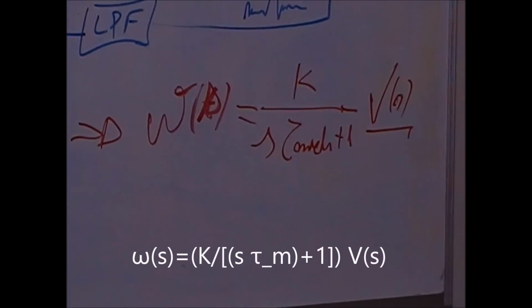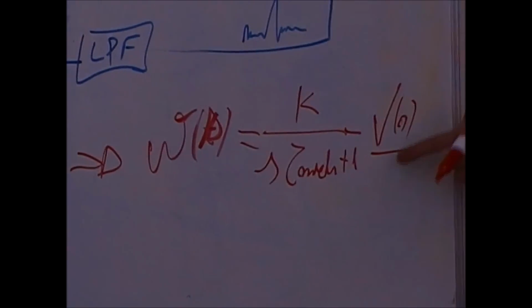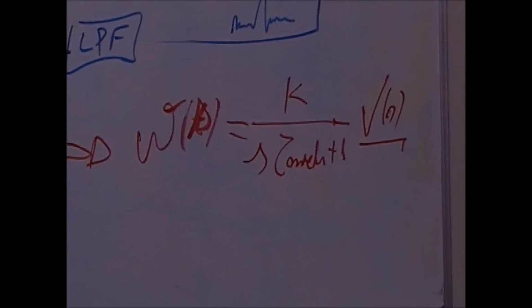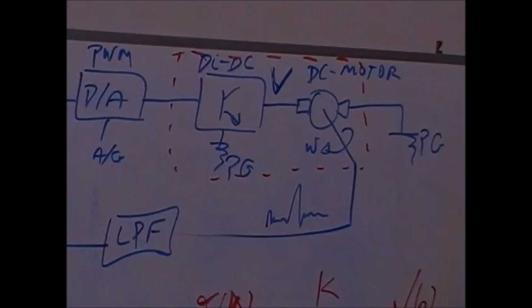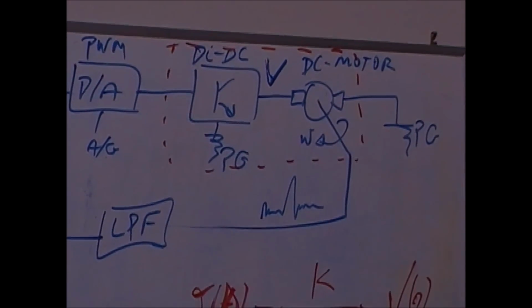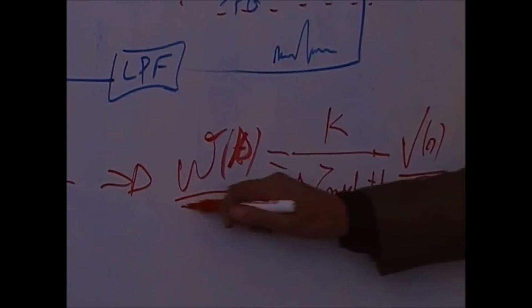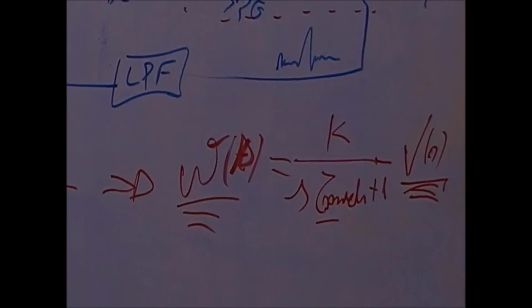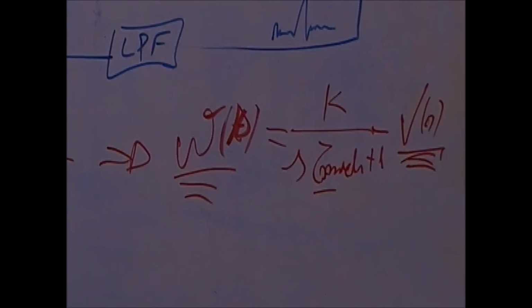I'm repeating myself many times to make this really clear, because that is normally a confusion. When students look, they think that tau mac is the time constant of the motor for any case. That's not true. There are other ways of using a motor where tau mac has no meaning. Only if I'm driving the motor with voltage and the output is speed, then I have tau mac, which is called the mechanical time constant.